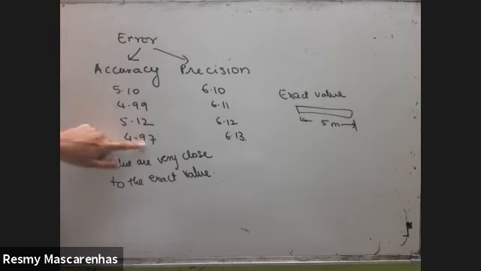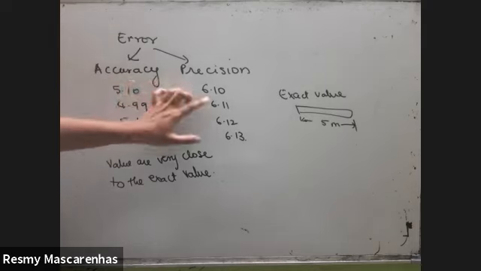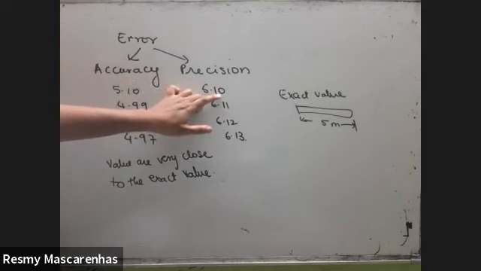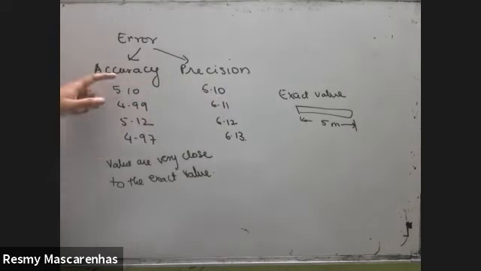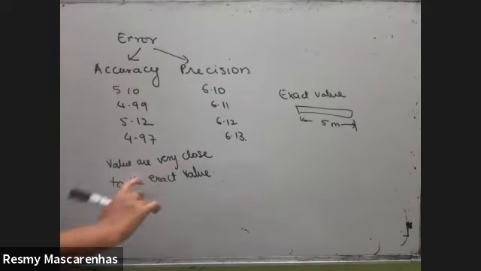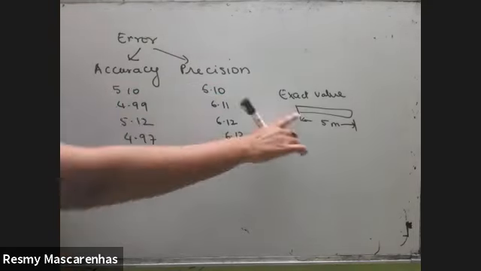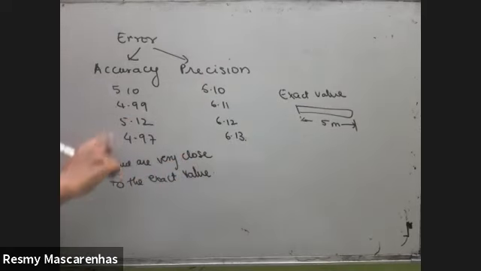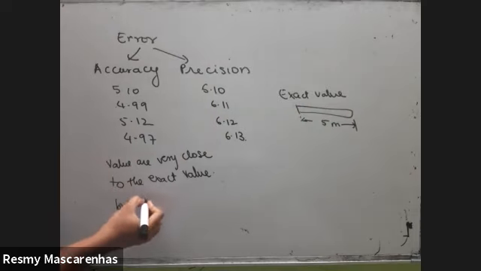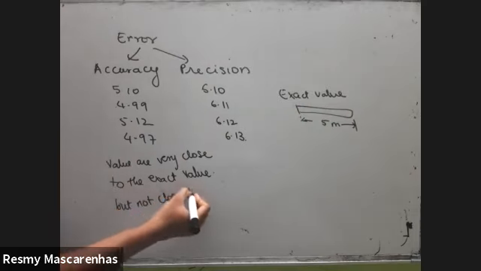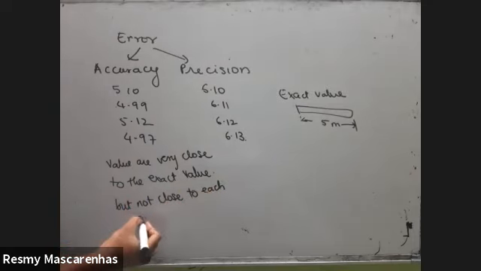Even 4.97 and this, if you compare, there is a lot of difference, so many points difference. But over here, they are very close to each other, just 0.01 difference. They are in the same range, but this range is very vast. So the definition is that the values are very close to the exact value, every corresponding value, but among themselves, they are not close.